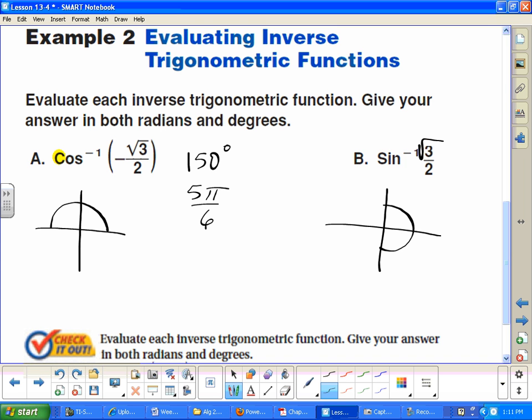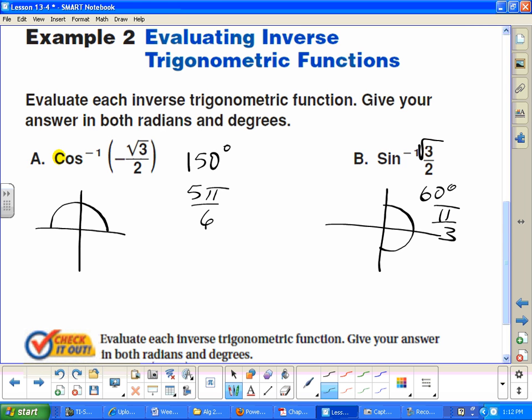If the answer is in the fourth quadrant, though, it's negative angles, not positive. So when does sine equal positive square root of 3 over 2 in that range? At 60 degrees, or rather pi over 3, because you have to give both radians and degrees.